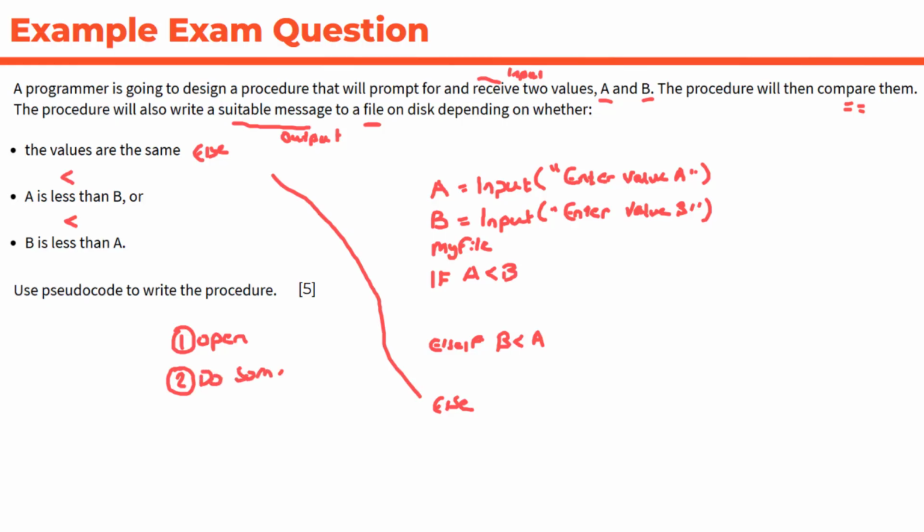So read, write, or append to a file. That's R, W, or A. And then you've got three. Make sure you close that file. Good practice, people. Good practice. So if A is less than B, I've got my file here, and I'm going to say, right, stage one, we need to open the file.